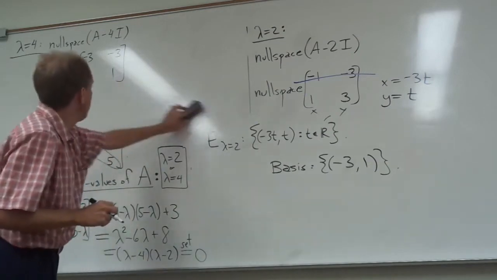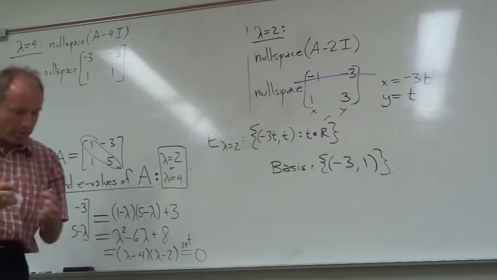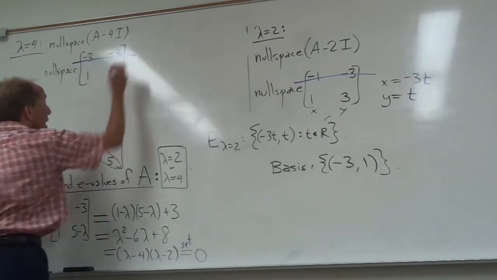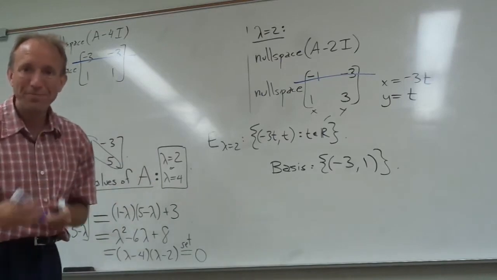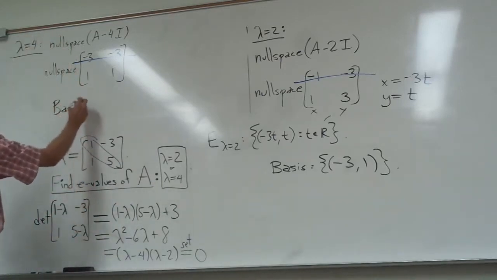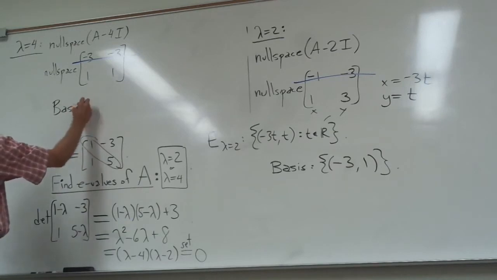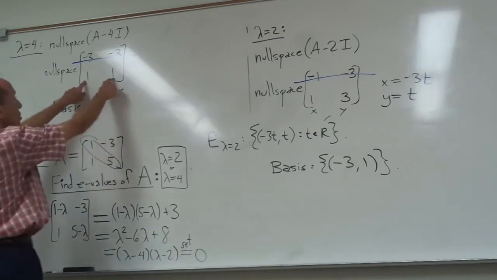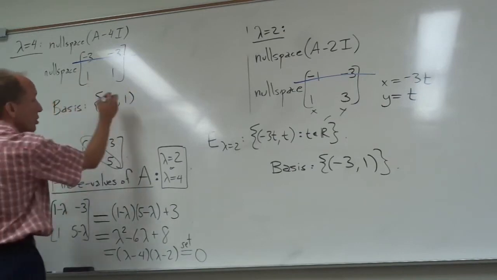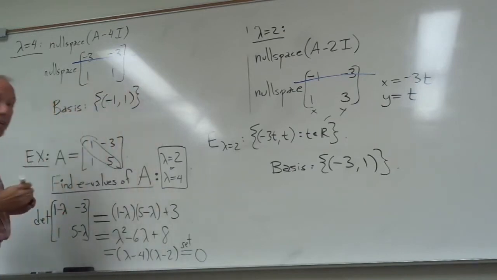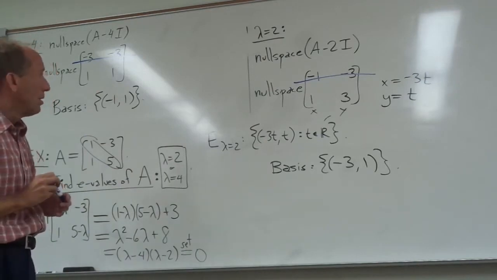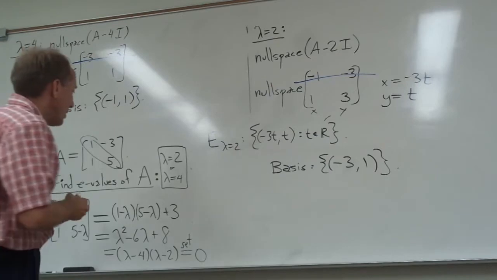Once again, these two rows have to be multiples of each other because this matrix has to be non-invertible. Okay? And then for my basis for this particular eigenspace, I can swap these two numbers and then change the sign of one of them. So I'm just going to use negative 1 and 1. Okay? Hopefully this makes some sense.